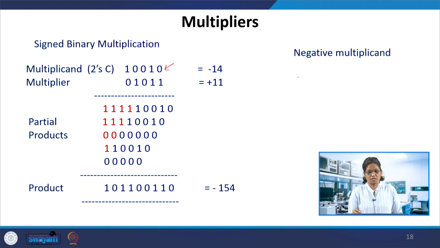Take the number 14, 1110, and then take the 2's complement of it, so we get the negative number 10010, which is represented in 5 bits. You can see the last bit is giving the negative. The other multiplier is positive 11011011.